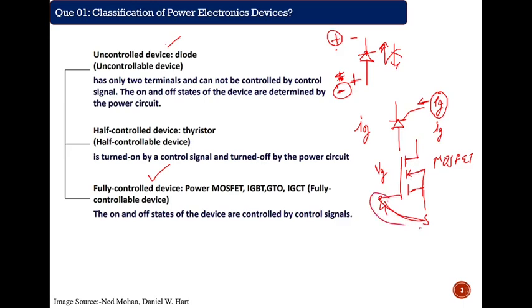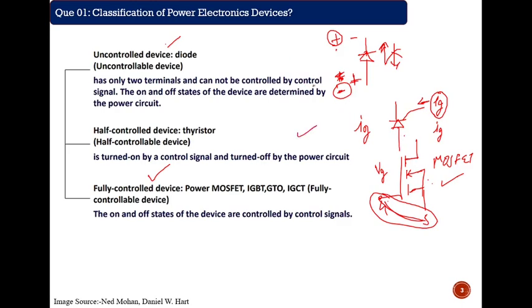If you remove the gate to source voltage, the MOSFET will not conduct. So this is a fully controlled device: you can turn the device on, and you can turn it off. In the half controlled device, you can only turn the device on.